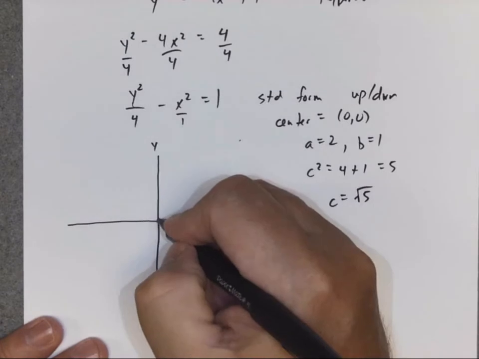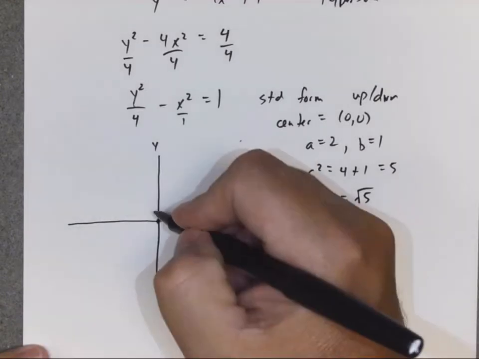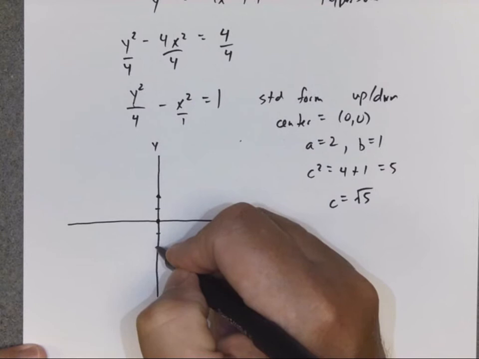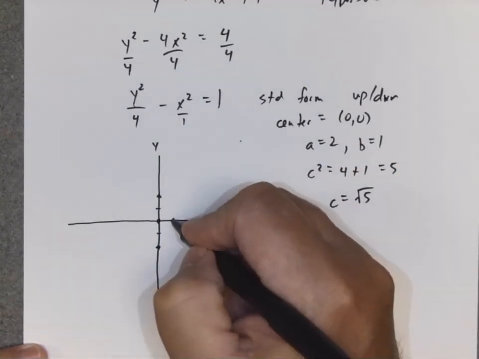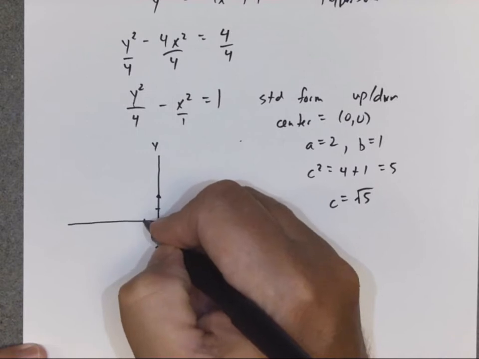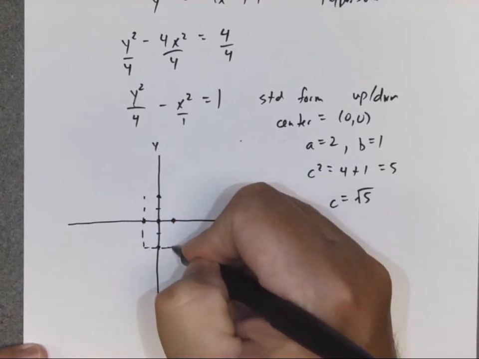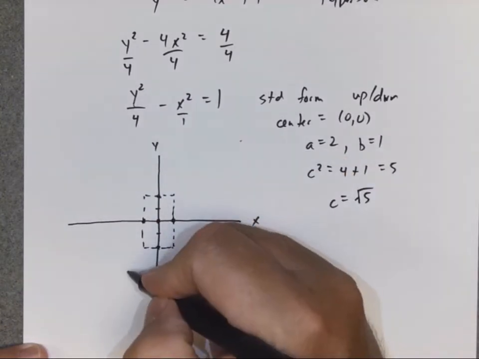And now the center is at the origin. Now, since it's up and down, A, I move up 2, down 2. Since B is 1, 1 to the right, 1 to the left. Make my rectangle.